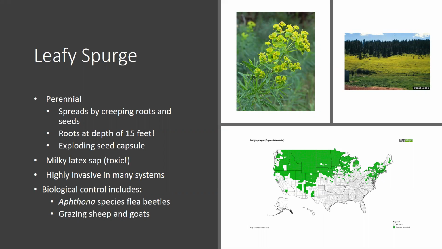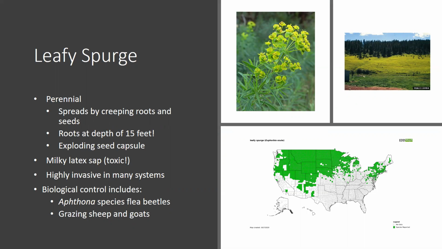If something were to brush up against them, or if wind were to push it up against another plant, just the force of that contact will make the capsule open, and the seeds will burst out of there and be able to disperse in a greater area than if they were to fall to the ground.